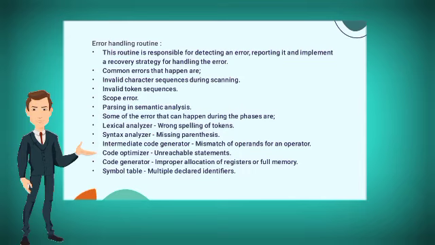Some of the errors that can happen during these phases are: lexical analysis, wrong spelling of tokens; syntax analysis, missing parentheses; intermediate code generator, mismatch of operands for an operator; code optimization, unreachable statements; code generator, improper allocation of registers or full memory; symbol table, multiple declared identifiers.